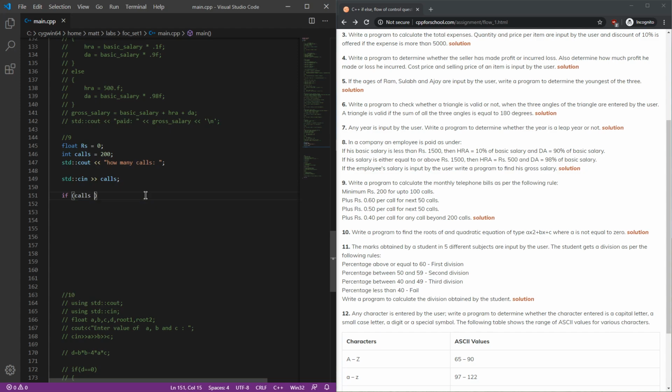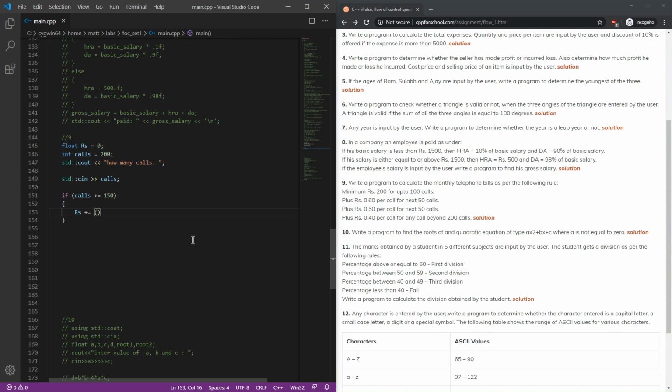the calls is greater than, okay, so next 50 calls. So call 101 to call 150 are 60 cents per call. All right. So if calls is greater than or equal to 150, we're going to say RS, we're going to add some to it.